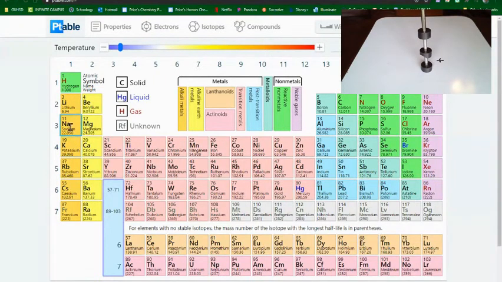Now, let's say we are starting here at sodium. We have 3 energy levels, boom, boom, boom, and we have 1 electron in the outermost energy level. Instead of going down, we're going to go across. Magnesium has 2 electrons in its outermost energy level.